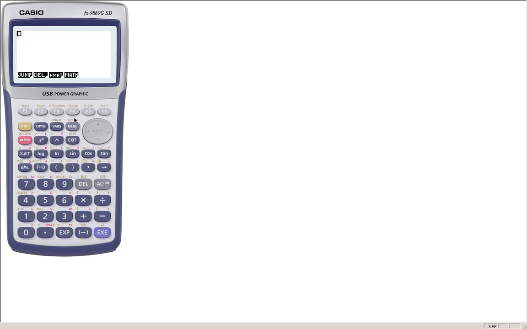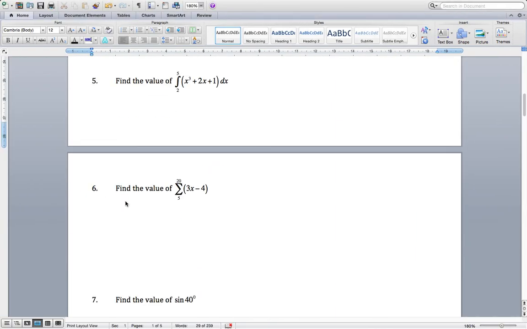Fine. Now the last option here, which is summation, sigma. Okay, let me use this. Let me see an example for that. Find the value of sigma 5 to 20, 3x minus 4. That means x takes values, natural numbers, from 5 till 20.